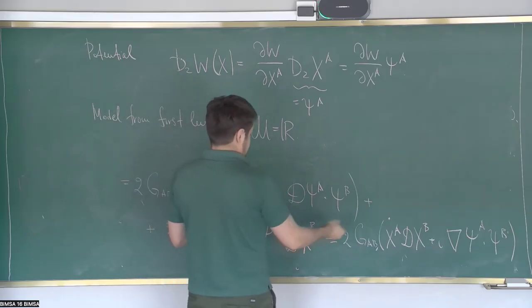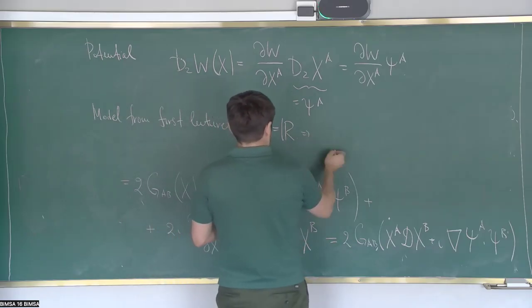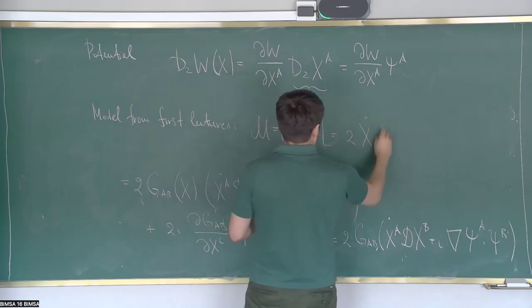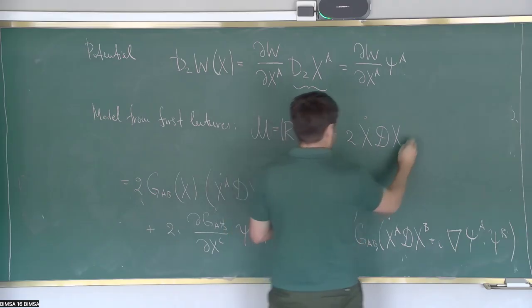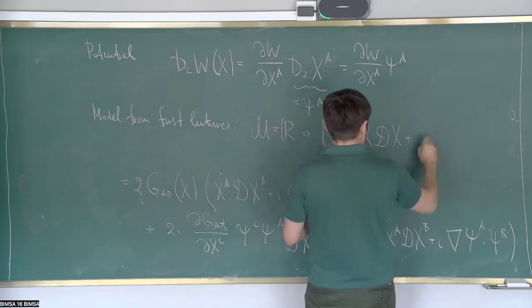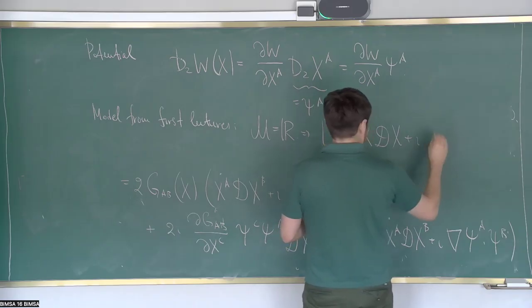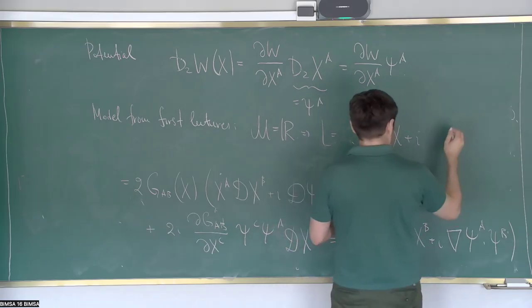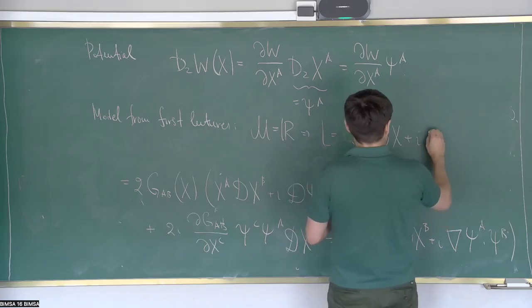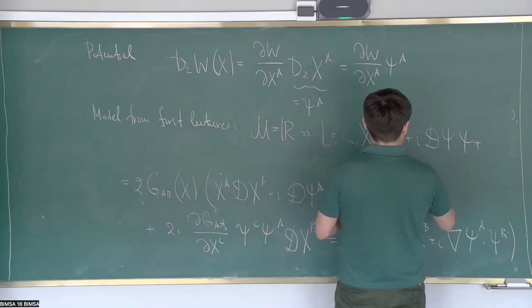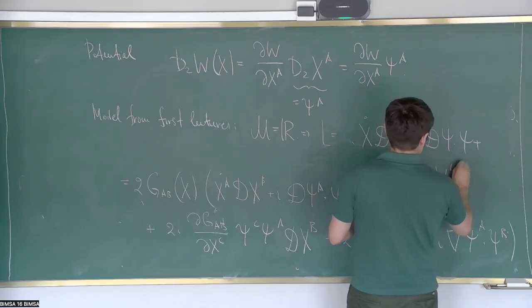In this case, the superspace Lagrangian is just this: x dot dx plus i psi Dpsi plus W prime of x times psi.